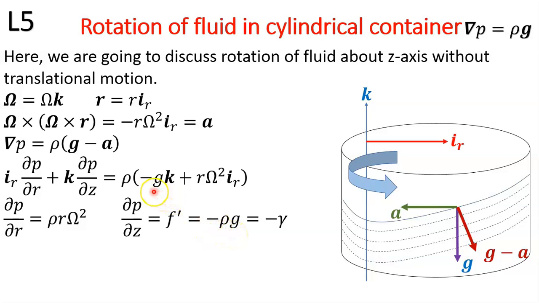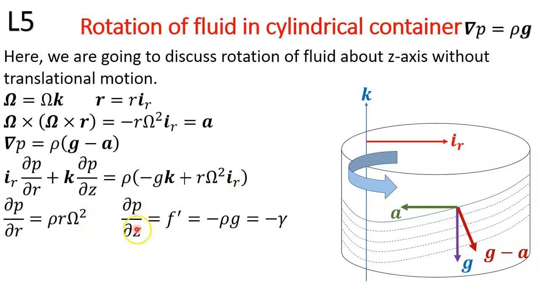Here I want to explicitly mention that g bar is directed downwards in our reference system. So the magnitude of g is small g, which is 9.81 meter per second square, and this is directed vertically down, and the direction associated is minus k cap, whereas the direction associated with acceleration is i_r cap.